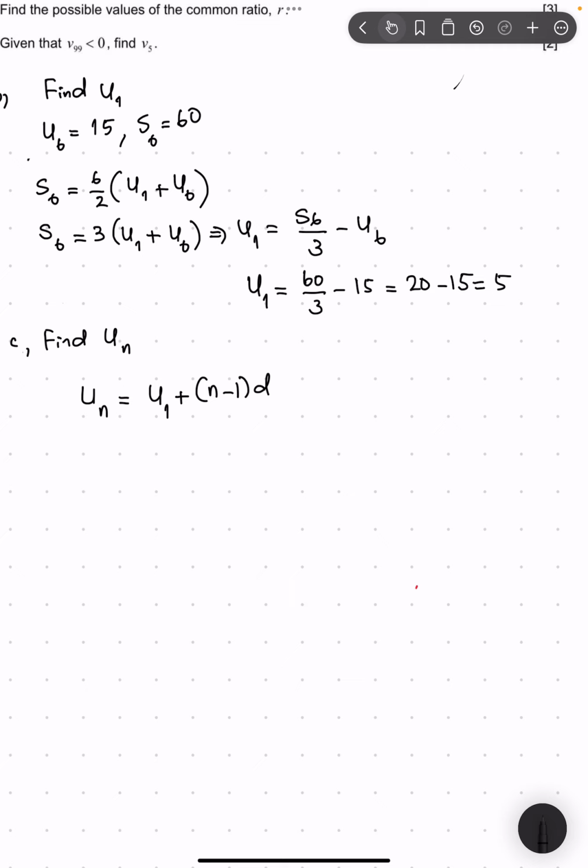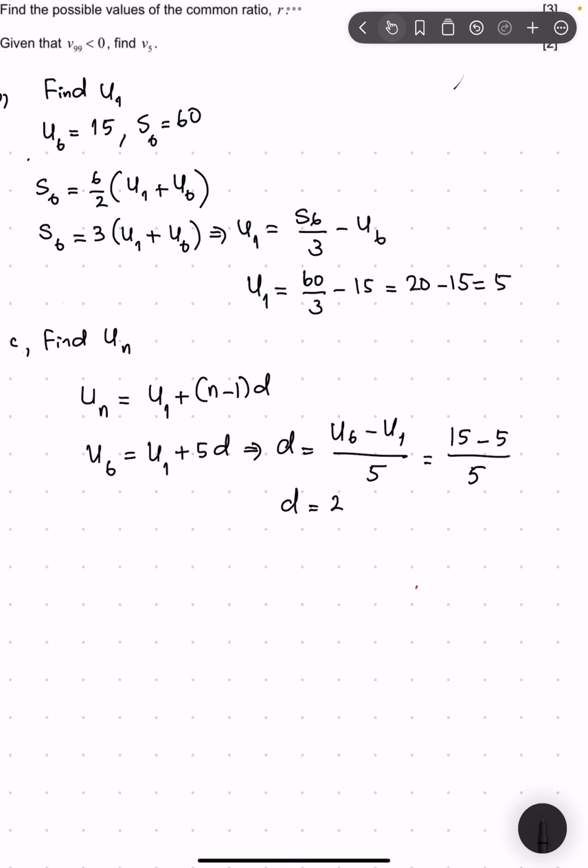Here we can find d, because U6 equals U1 plus 5d. So d equals U6 minus U1 over 5, which is 15 minus 5 over 5, and d is going to be 2.